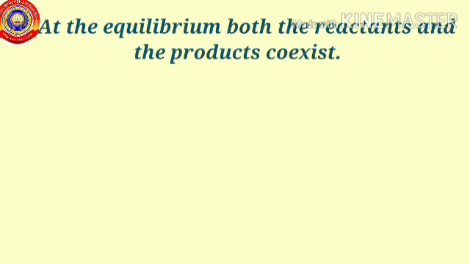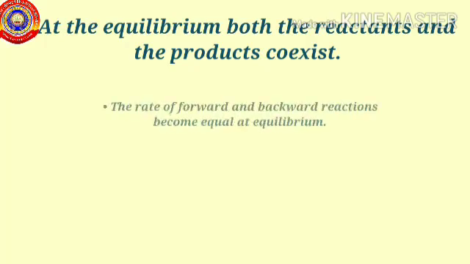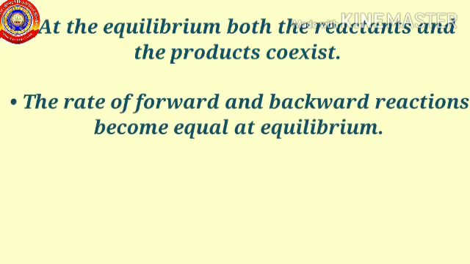So at the same time, both the reactants and the products coexist. Second point, the rates of forward and backward reactions become equal at a chemical equilibrium. We already discussed what a chemical equilibrium is. So as per the definition, we know that the rates of forward and backward reactions are equal.